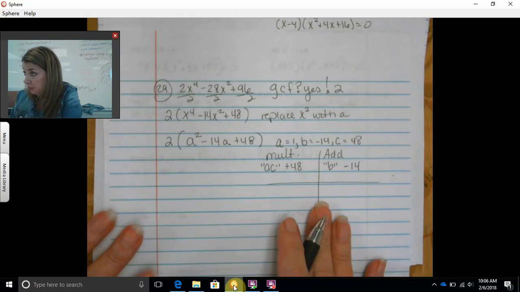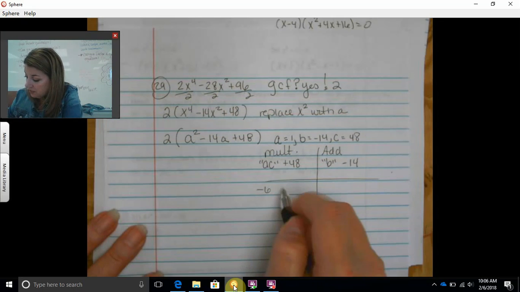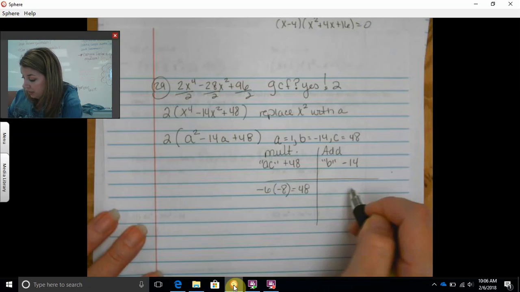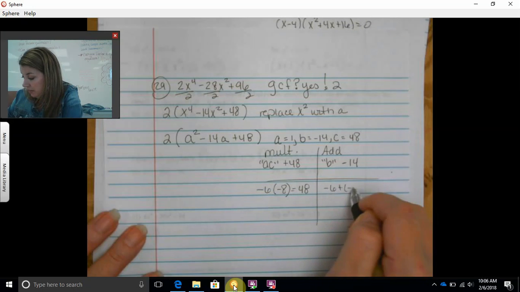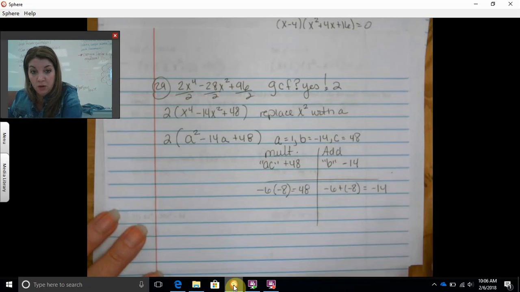Negative 6 and what? Negative 8. Negative 6 times negative 8 is positive 48. What's negative 6 plus negative 8? Negative 14. That's going to work for us.